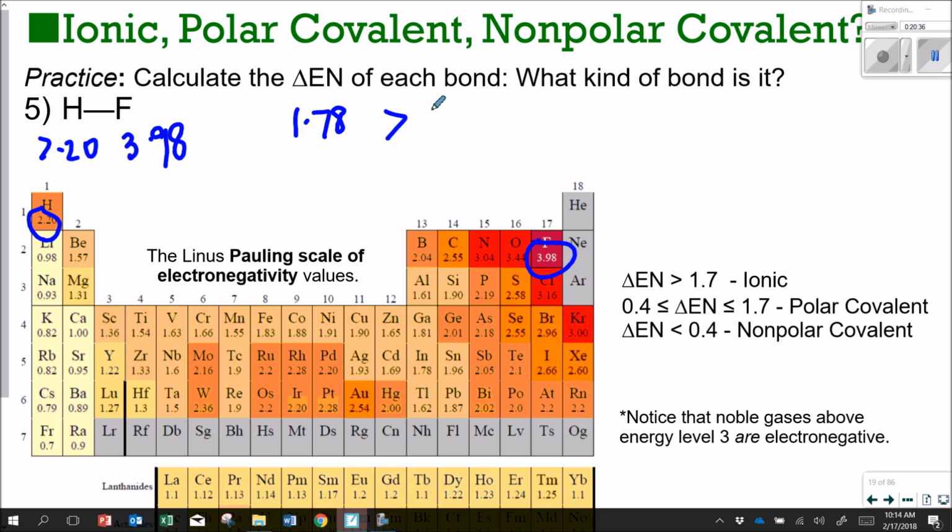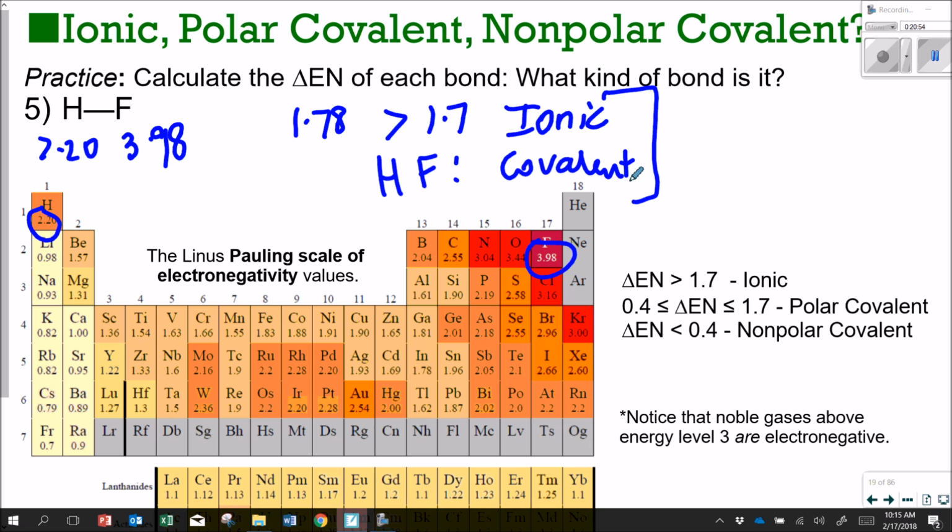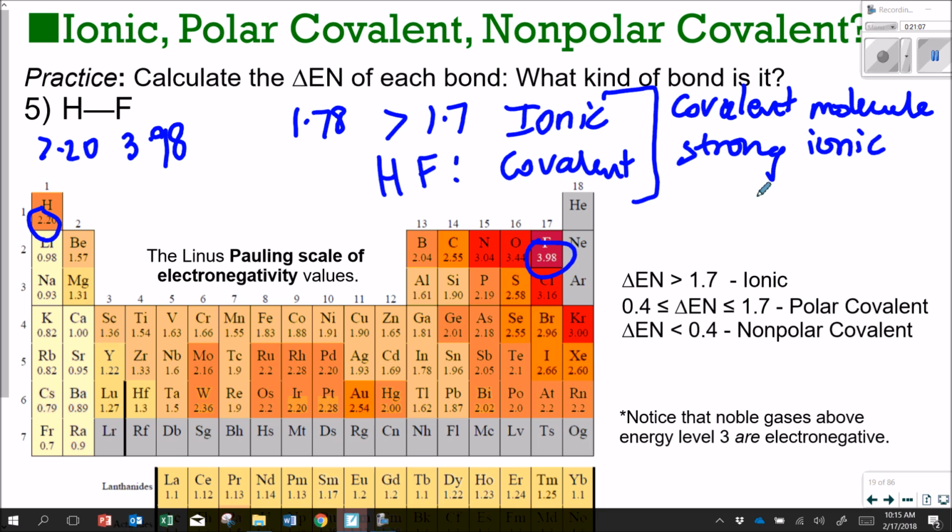And this is greater than 1.7, so I would want to classify this as ionic. However, if I look at HF as a molecule, it is covalent. So what do I do? What I do is I classify it as a covalent molecule with strong ionic character.